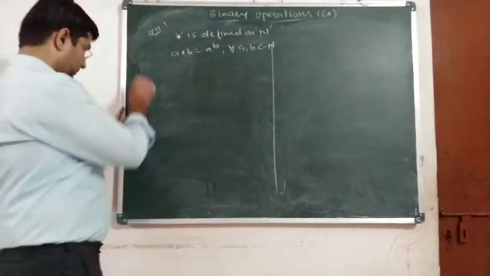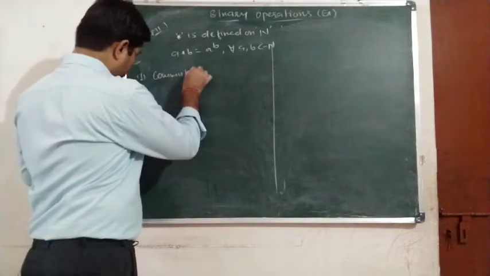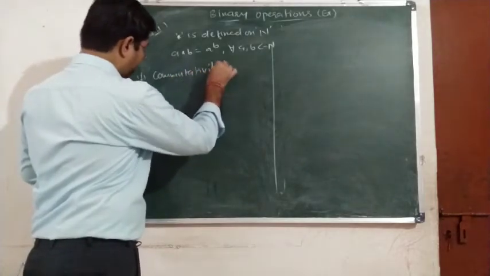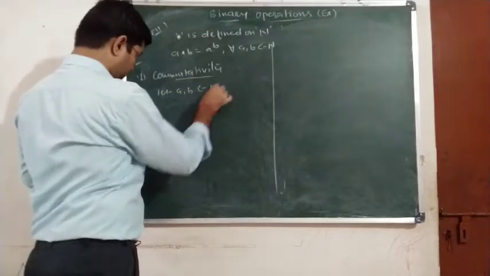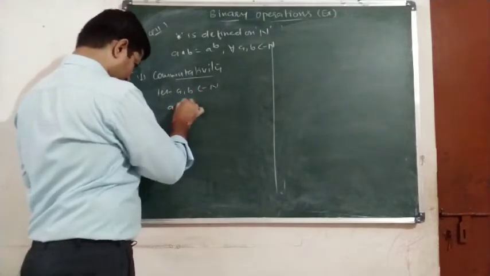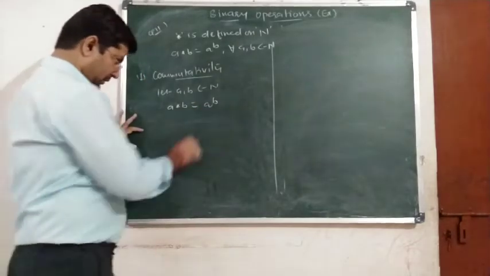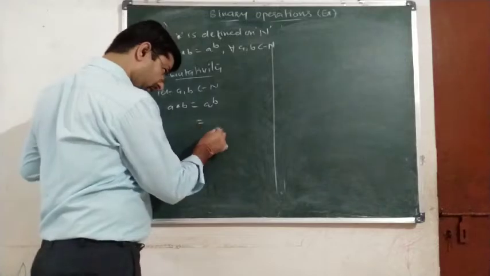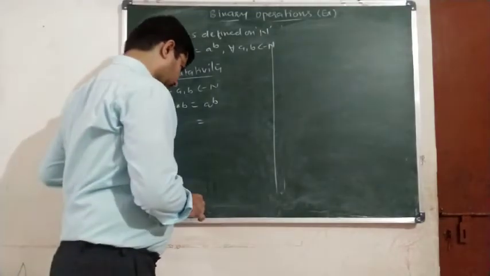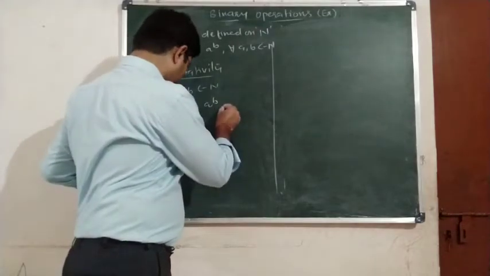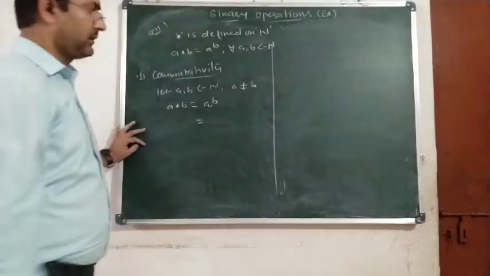Okay, let us prove commutativity. Let us check the commutativity. Let a and b belong to N such that a asterisk b is equal to a raised to b, and obviously this is not equal to b raised to a, where a is not equal to b in this particular case.